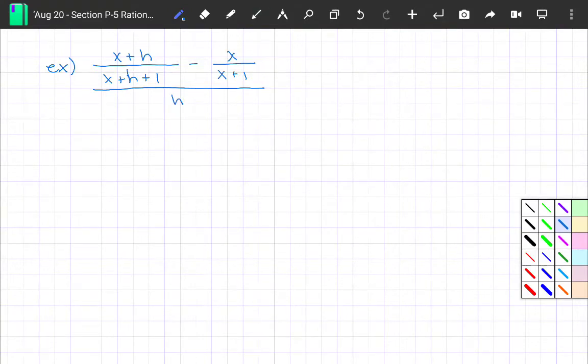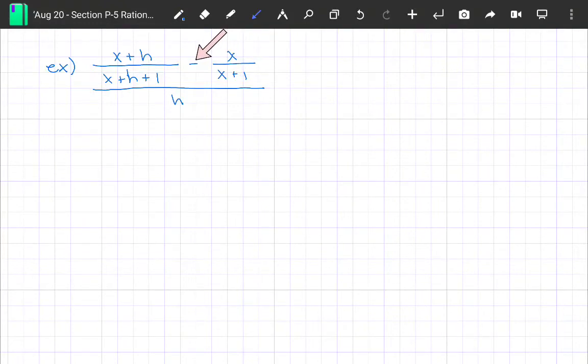Sometimes this is called the difference quotient, because it's a difference, subtraction, in a big fraction quotient. These difference quotients you work with a lot in calculus. So give that one a shot. Try simplifying it, get rid of the complex fraction, and simplify it fully. We'll see where we go.